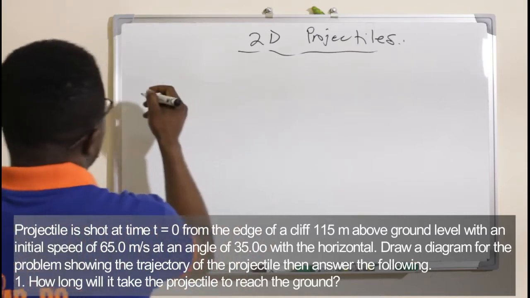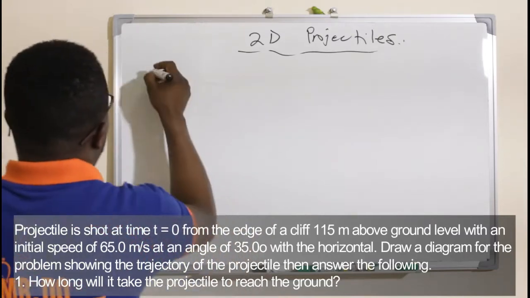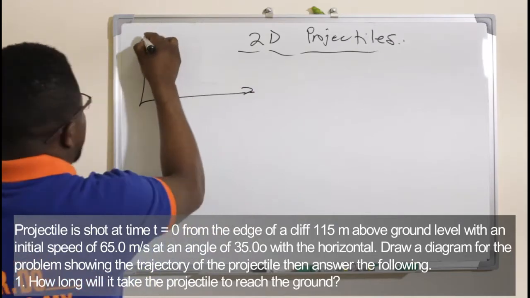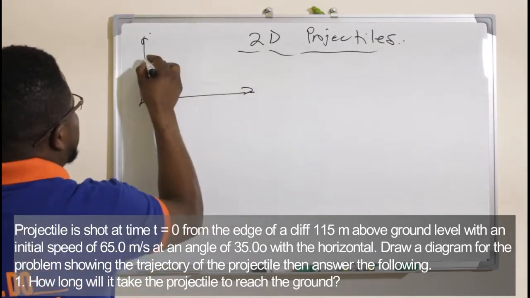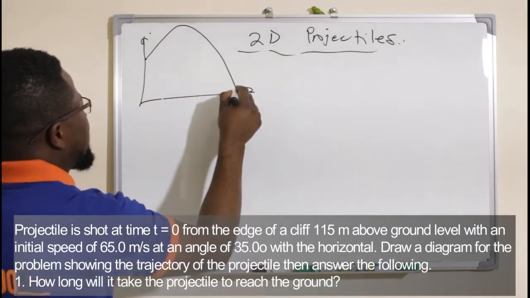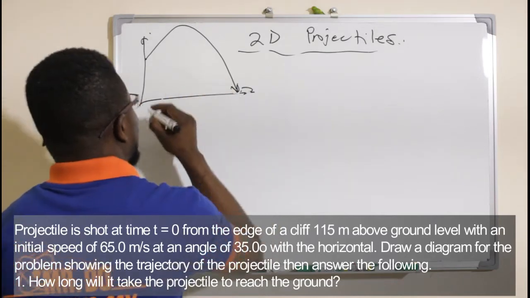So we're going to have like the second picture that I showed you, the second graph. We're going to have something like this, where the object from this point went up and then returned back to the ground like this. All right, good. So this is how our graph is going to look.